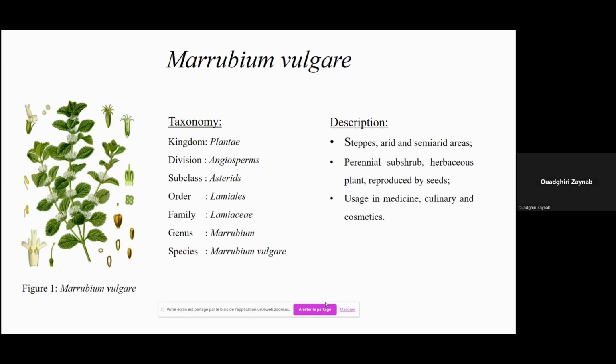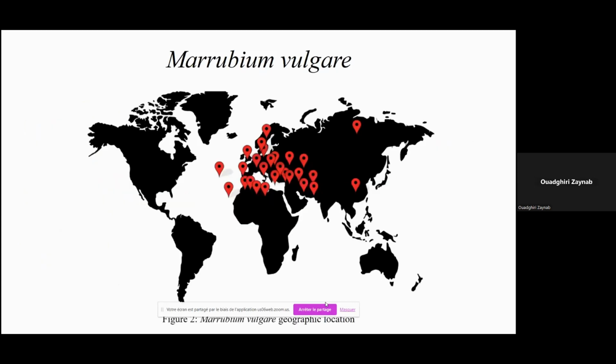Moreover, it is also used in culinary as a flavoring agent, and in cosmetics. The genus Marrubium is distributed in North Africa, like Morocco, Algeria, and Tunisia, in temperate regions of Europe, also in Asia to Western China, and it has also been imported to America.